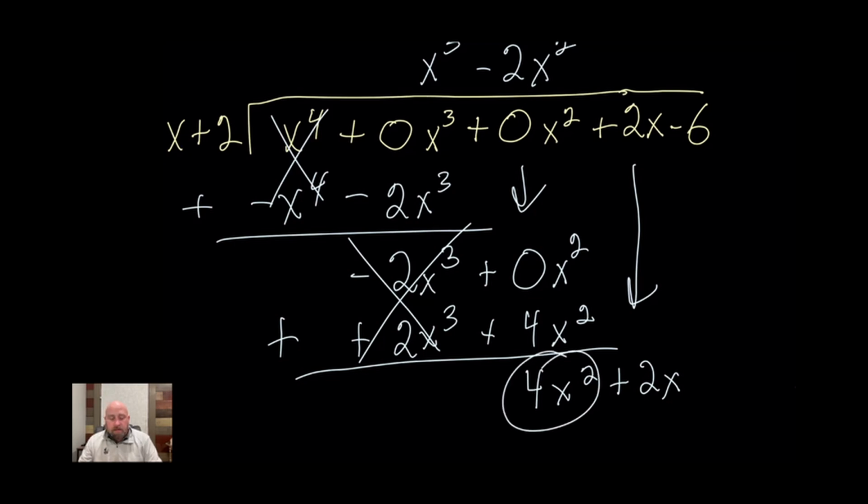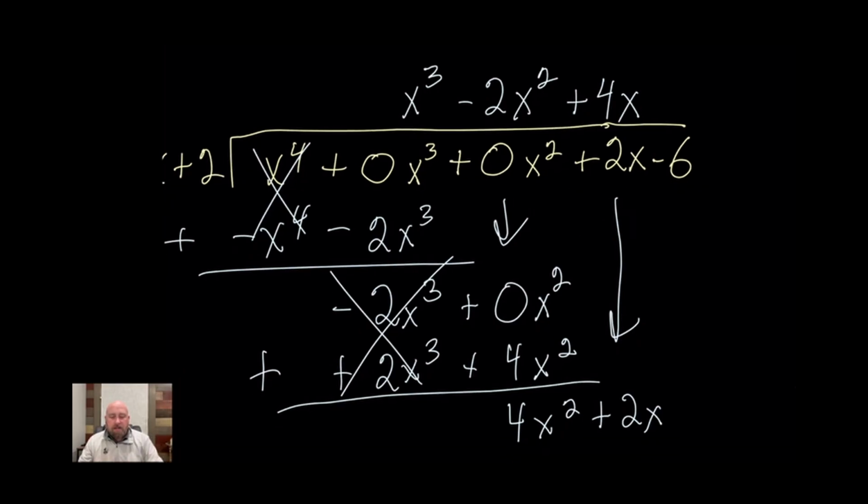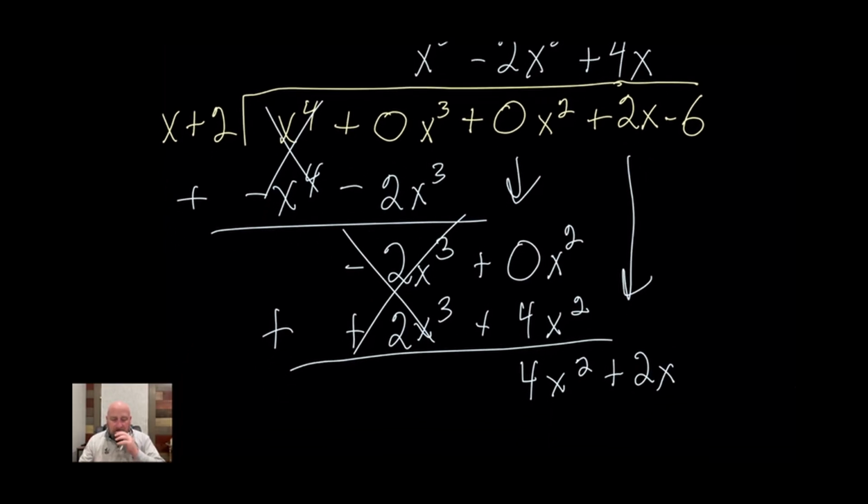X goes into 4x squared, and that's going to go +4x. Notice we're in the x column now, so make sure that's always matching up. So +4. Now we take the +4 times the 2, and we get 8x.